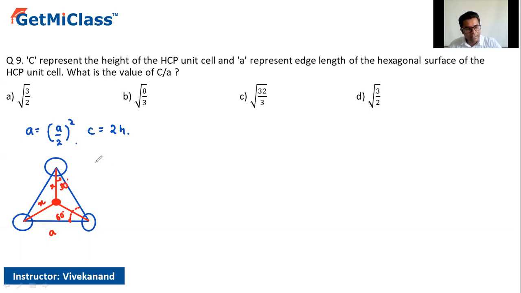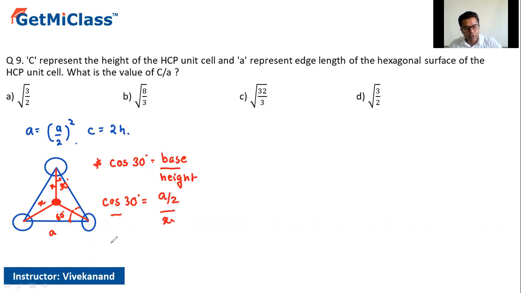Now, let's apply cos to this particular point. Cos of 30 is equal to the base over the hypotenuse. Therefore, cos of 30 is equal to A by 2 over x.